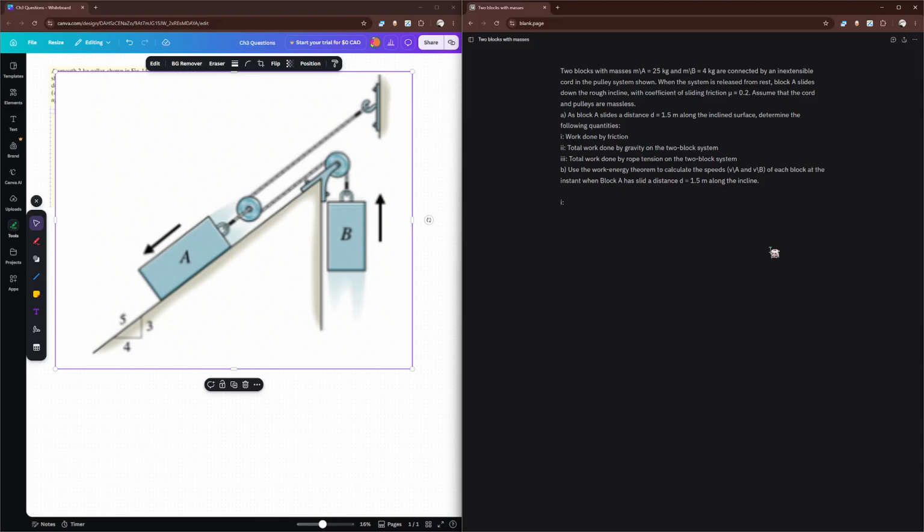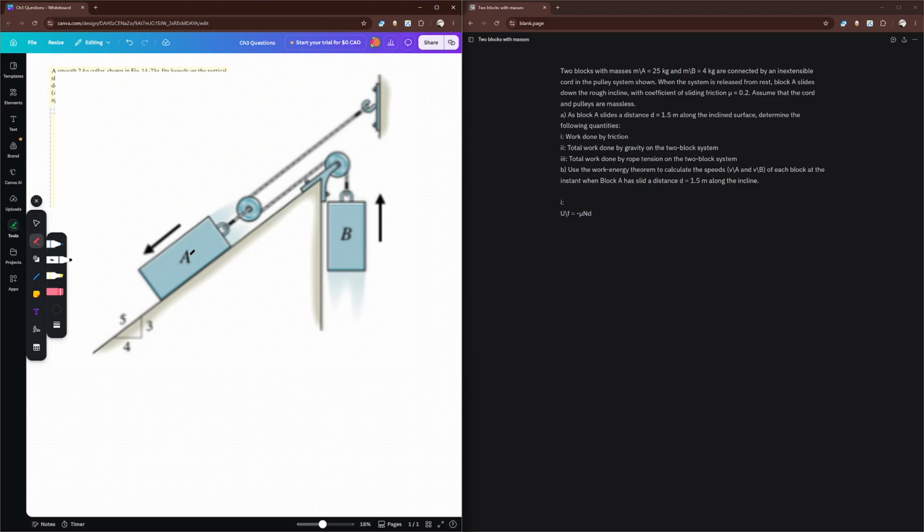So starting with work done by gravity, right? We have U of G, or sorry, that says friction. Starting with work done by friction, we have U of F is equal to negative mu N d, because the distance is part of what work is. Now, if we consider our picture here, friction is going to be acting this way, and we have a 3-4-5 triangle.